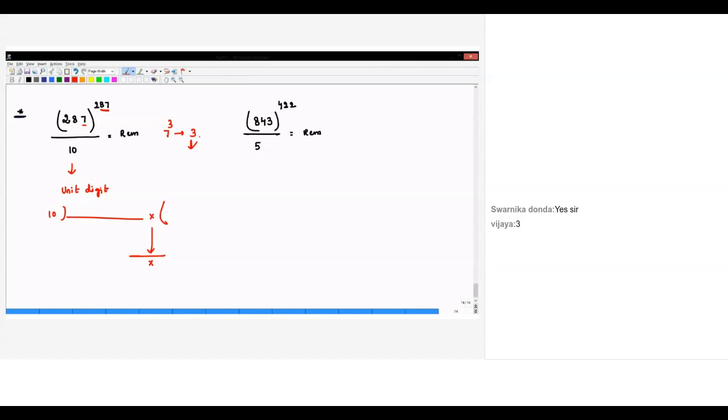In this case, divided by 5, you subtract 5 if x is greater than 5. Otherwise, you take x as it is if x is less than 5.